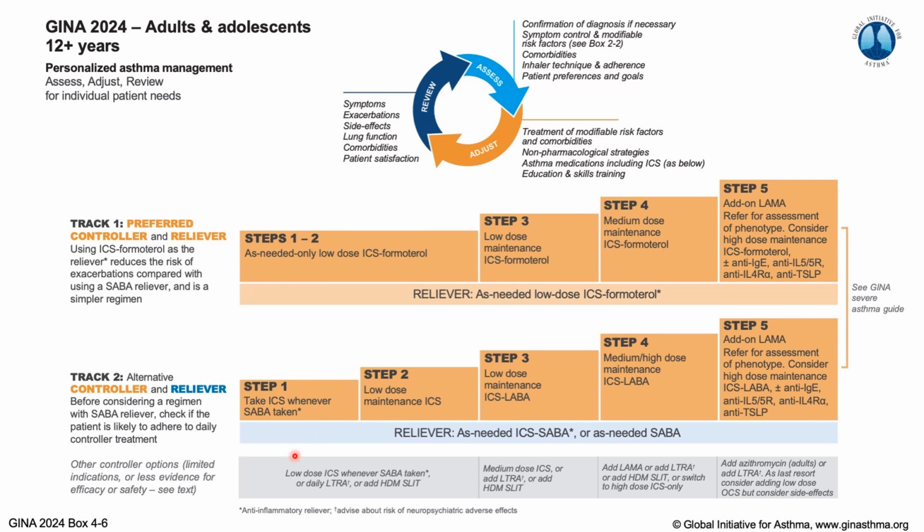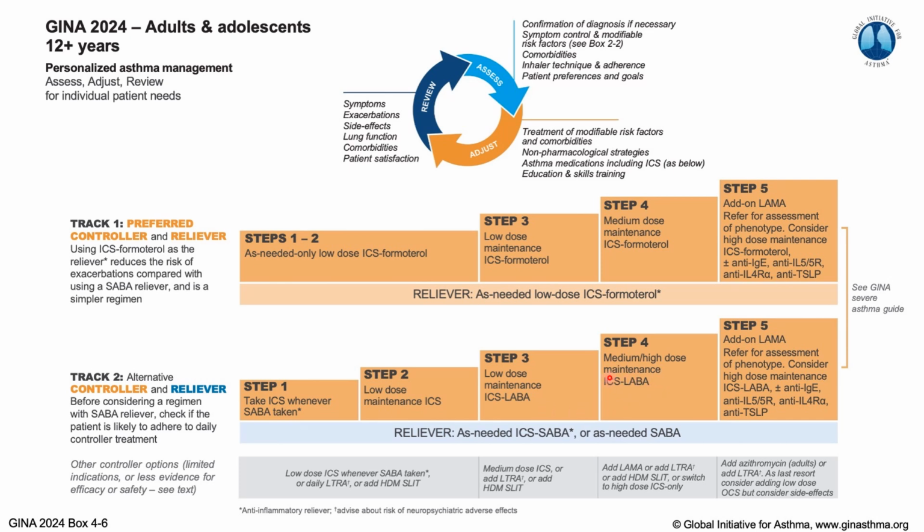So for the alternative, you take ICS whenever needed. Here is where, for example, you don't have formoterol, or just the alternative. So alternative step 1, take ICS whenever SABA is taken. So when you take SABA, you take ICS. Then step 2, low dose maintenance ICS. Step 3, low dose maintenance ICS and LABA. That is almost the same as this, except your LABA is not formoterol, maybe some other LABA.